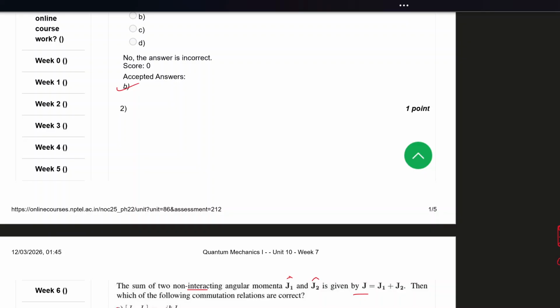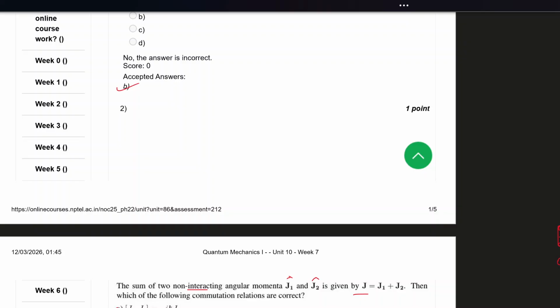Jj is equal to iħ epsilon ijk Jk. This is the epsilon sign, epsilon which will decide the sign of this commutator bracket relation. Now obviously, if i and j are in cyclic order, then you will get Jk, and this epsilon ijk value will be plus 1, but if they follow an anti-clockwise manner, then the value will be minus 1.